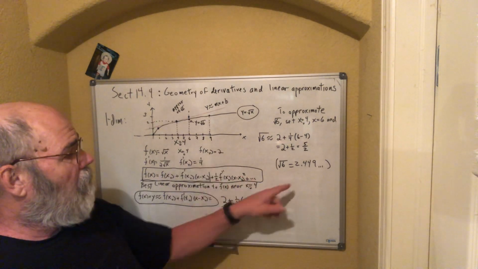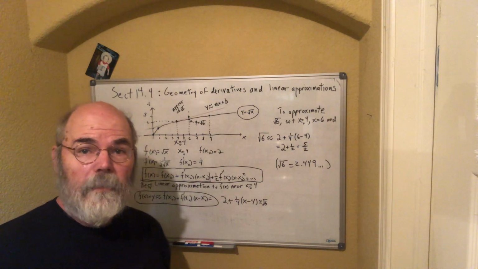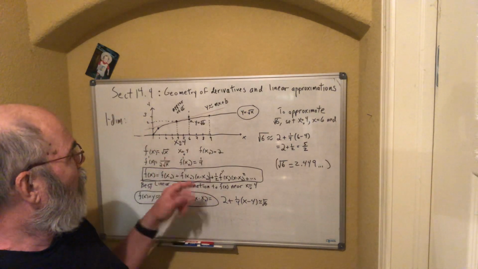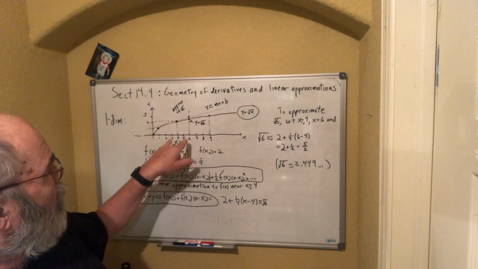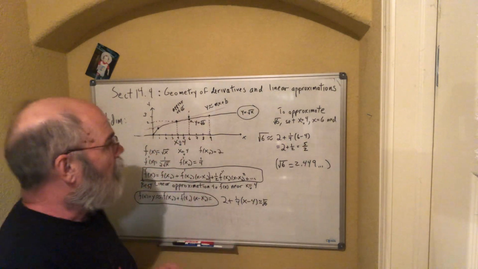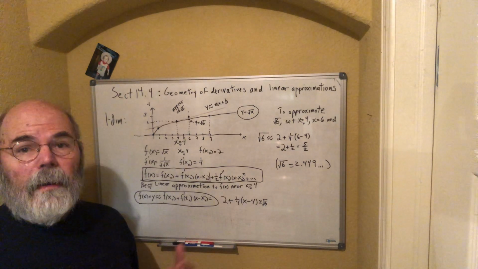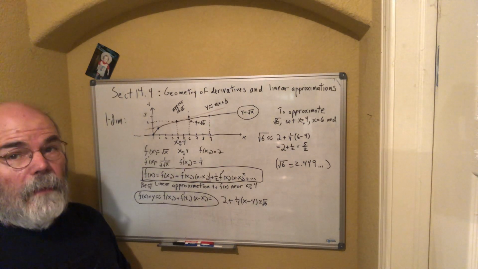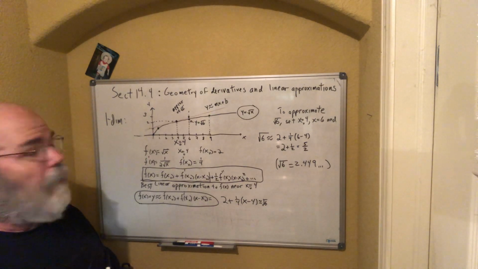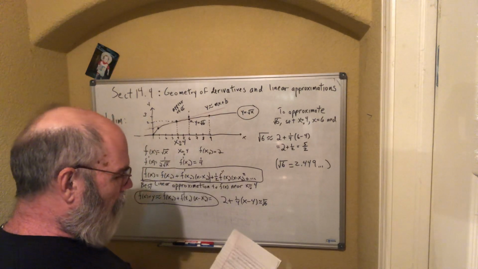And all I'll point out is that that's really a pretty good approximation for just a linear term, that's 2 units away, not even that close. So this really does show how the linear approximations do give useful numbers for these things. All right? So anyway, that's the reminder.